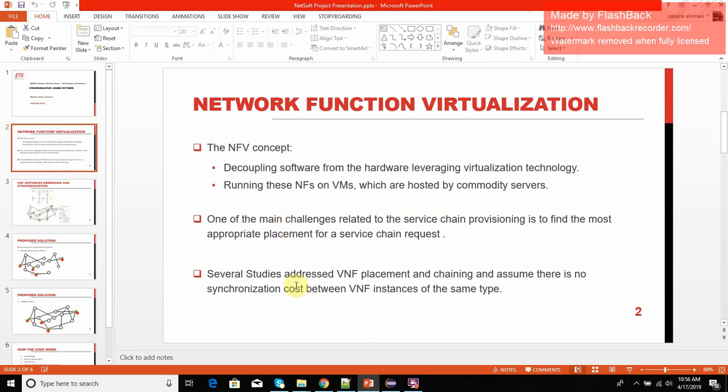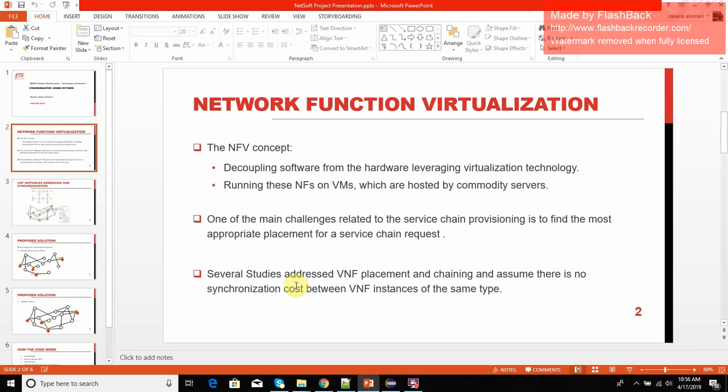Also, several studies addressed VNF placement and chaining and assume there is no synchronization cost between VNF instances of the same type, which is not realistic since most VNFs are stateful and this state needs to be shared across VNF instances. Therefore, data synchronization must support access to shared state in a manner that ensures the consistency requirements of the state are met.